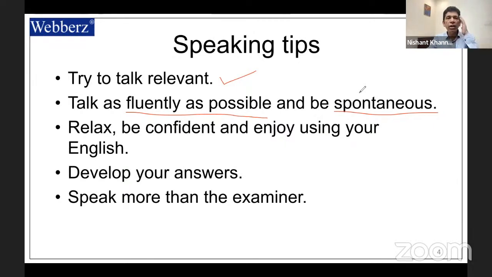You can't keep on thinking on that question for 2 minutes and not answer. And you have to speak as fluently as possible. You simply cannot, if somebody asks where do you stay, just say, I stay in Mumbai. That's not spontaneous, that's not fluent, and definitely you're not going to get marks for it.